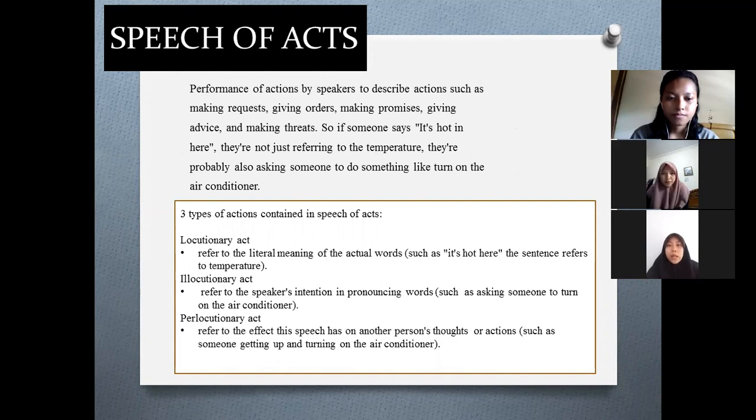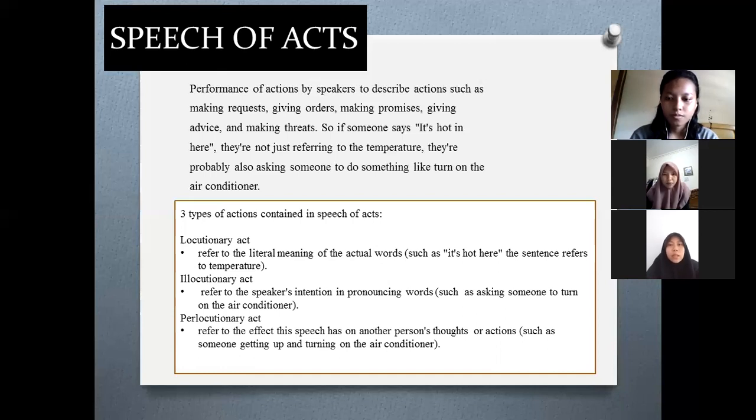There are three types of action contained in speech acts. First, locutionary act, which refers to the literal meaning of the actual words, such as it's hot here. The sentence refers to the temperature.